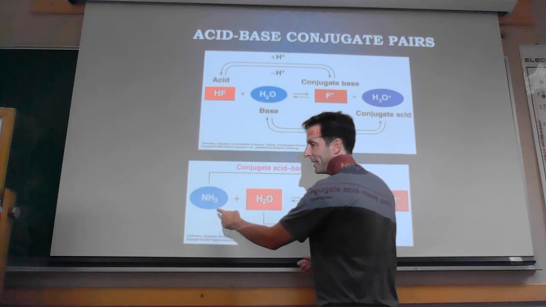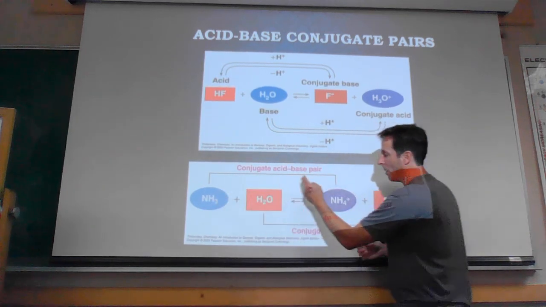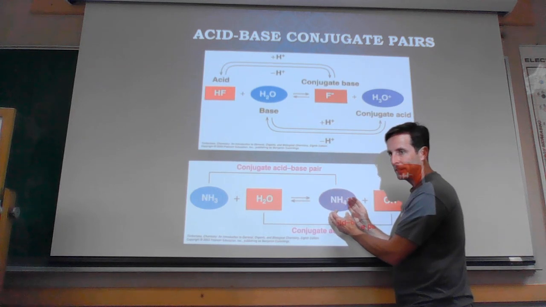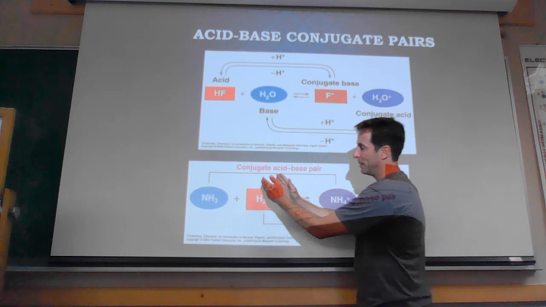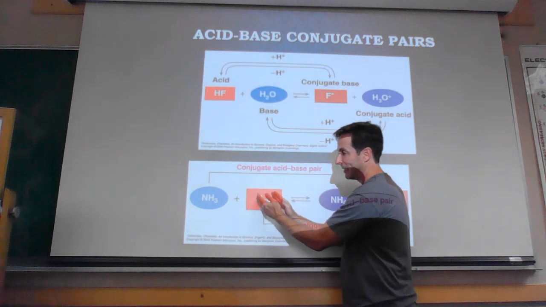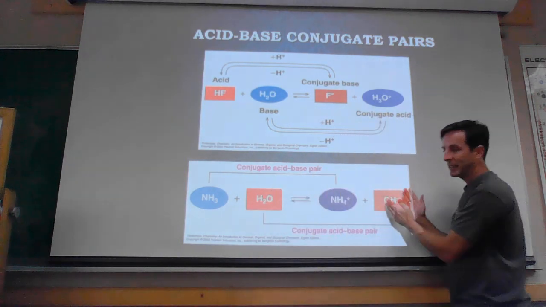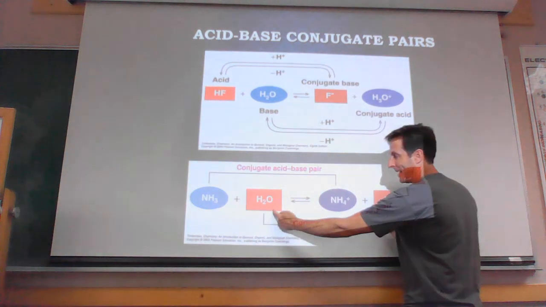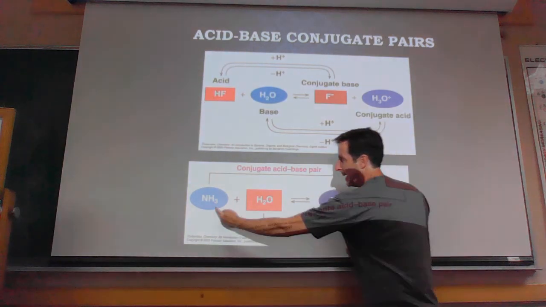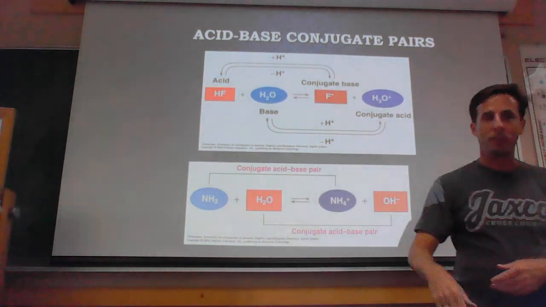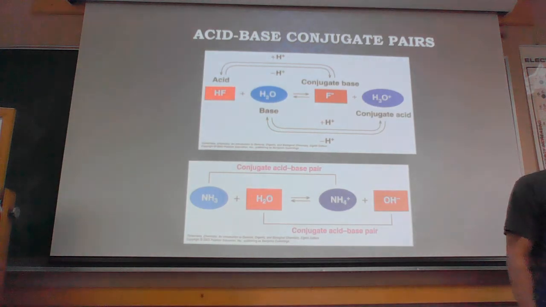So if ammonia is the base, ammonium is the conjugate acid. Water is the acid, so hydronium is the conjugate base. The acid has a conjugate base. The base has a conjugate acid. Okay? So make sure you do that. Mastering Chemistry will make you practice as well.